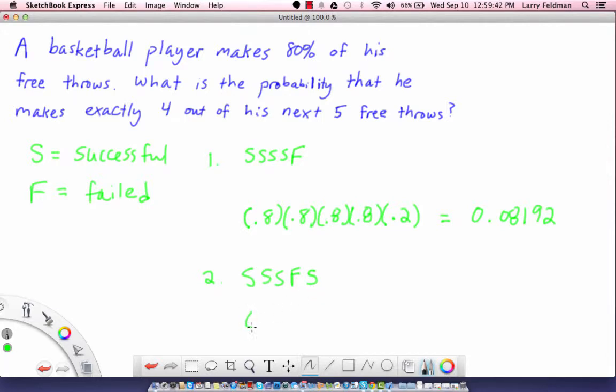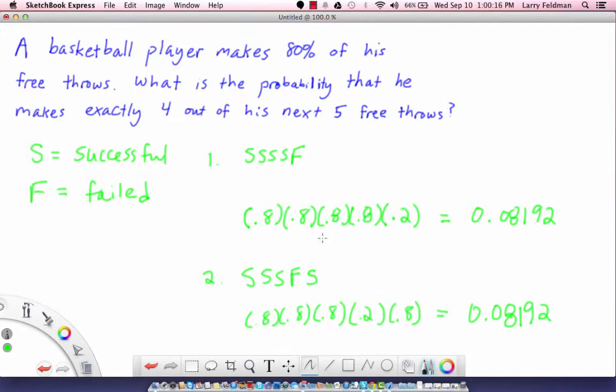And in this case, we have 0.8 3 times in a row, then a failure, which is 0.2, and then another success. But notice that the product here is still the same. It's still 0.08192 approximately, because we have 4 successes at 0.8 per success and 1 failure at 0.2.